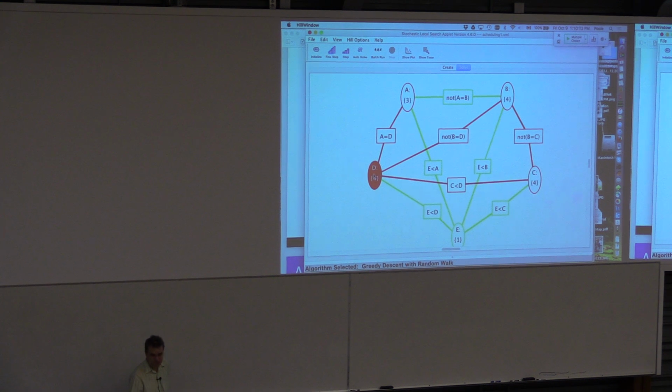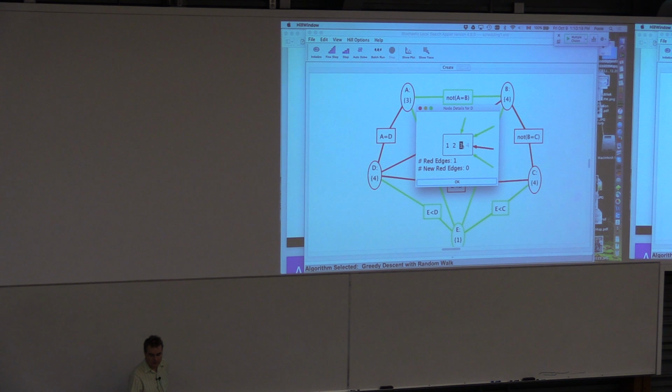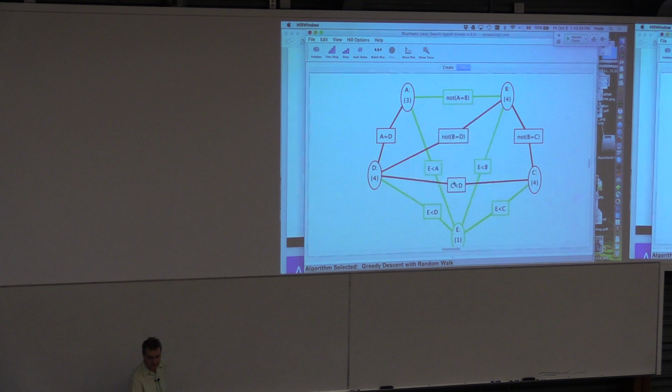We could choose 3. Here you can actually play with it: if you choose 1, there are 3 conflicts. If you change to 2, there are 2 conflicts. If you change it to 3, then there's 1 conflict.